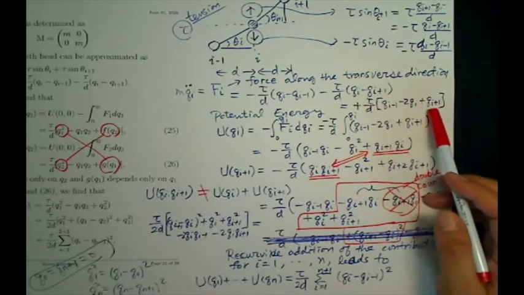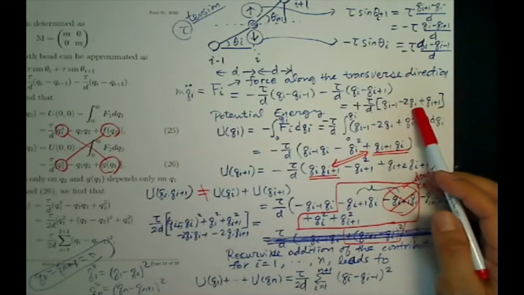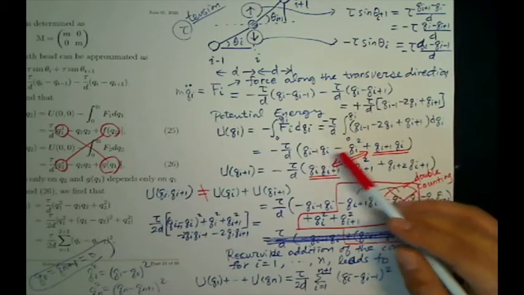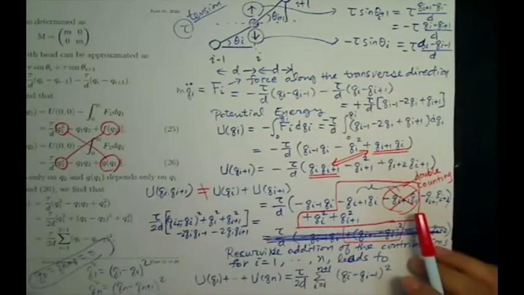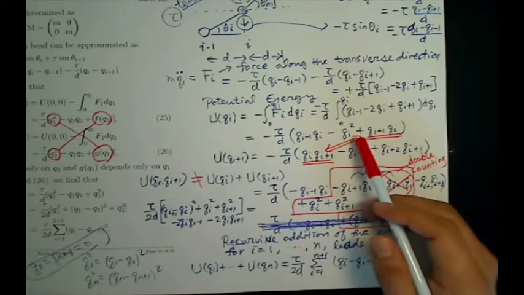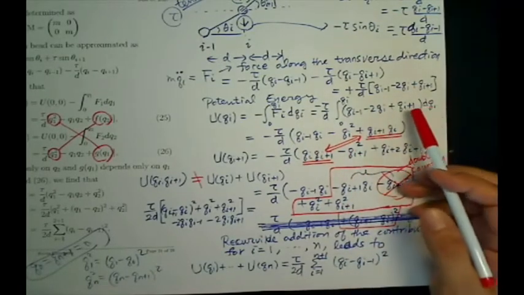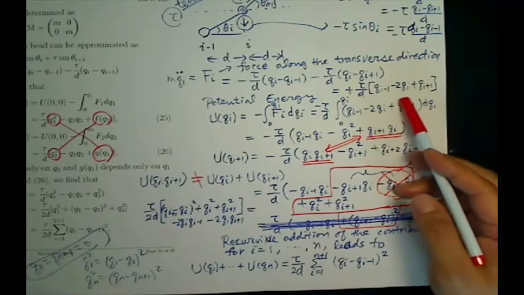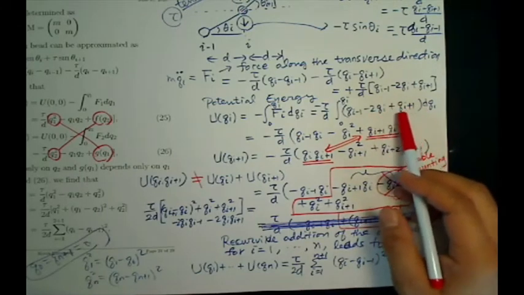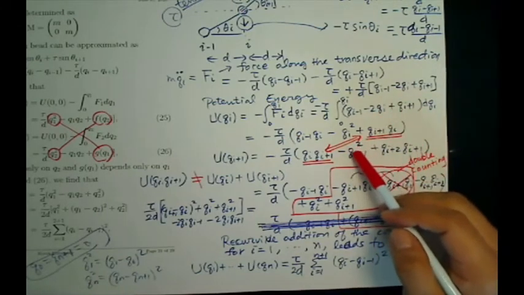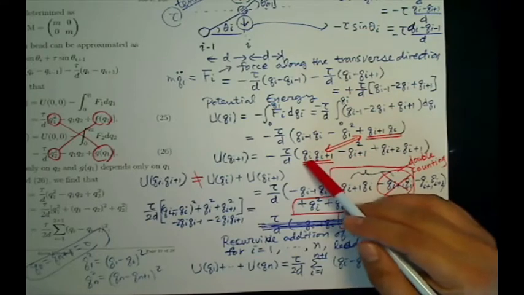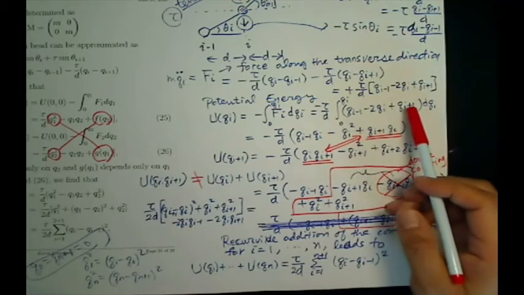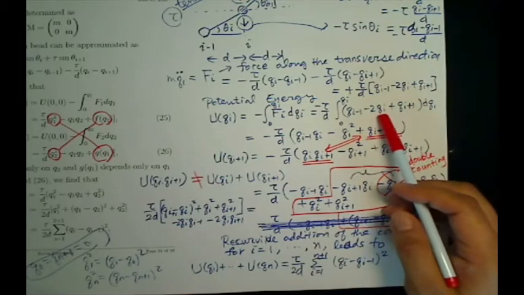And these two pieces are independent of qi, so what we want to do is just multiply by qi. In a similar manner, we can carry out the calculation for qi plus 1, and this will give a qi plus 1 squared piece and a mixture. This mixture is the integral of this one.